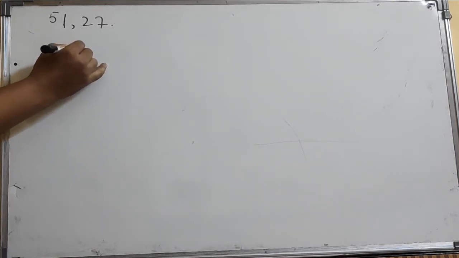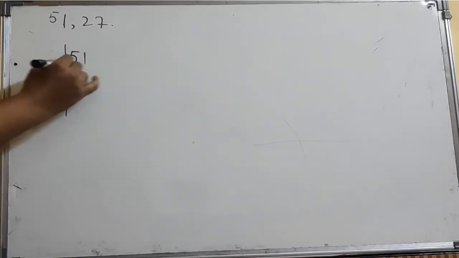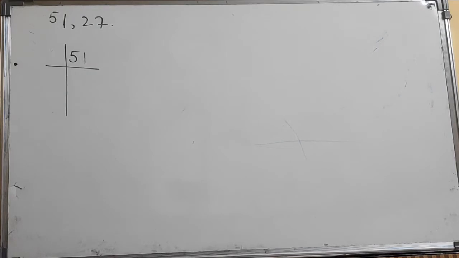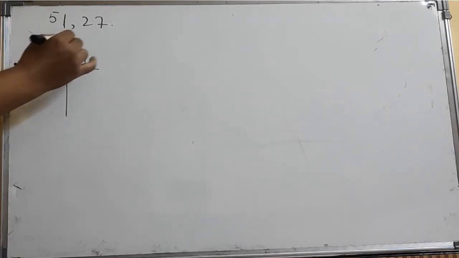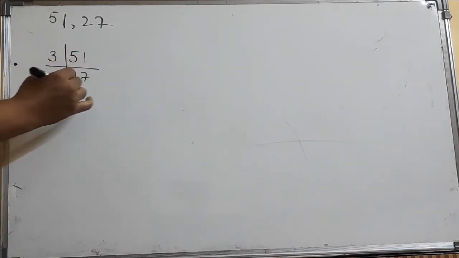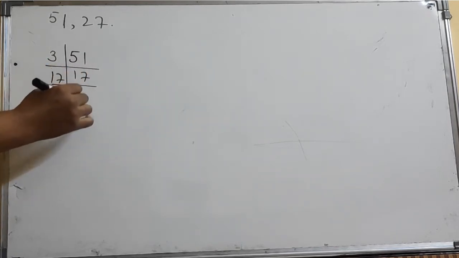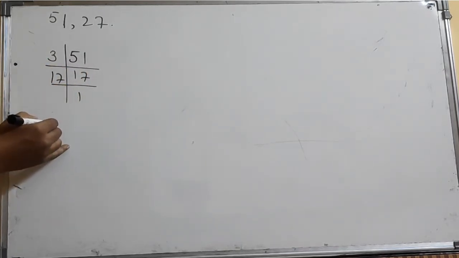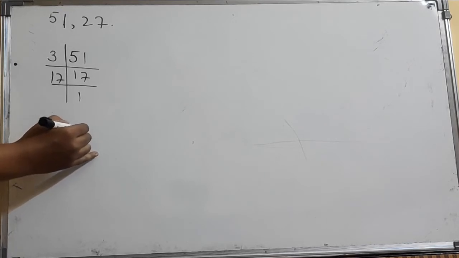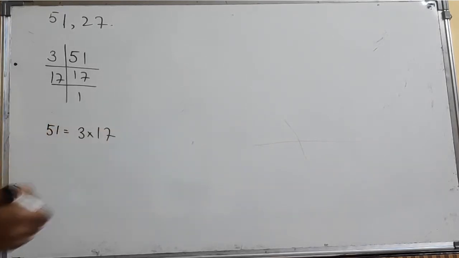So I have got 51. 51 doesn't go in the table of 2. It will go in the table of 3. 3 ones are 3, 3 sevens are 21, 17 is a prime number, 1. So 51 can be written as 3 into 17.